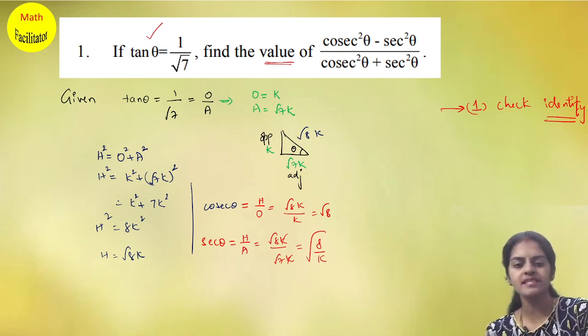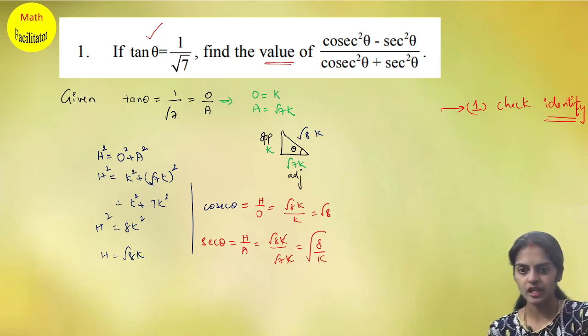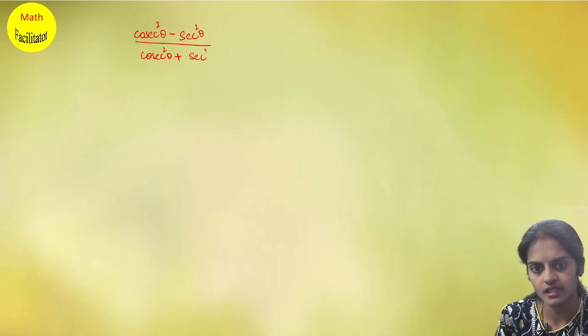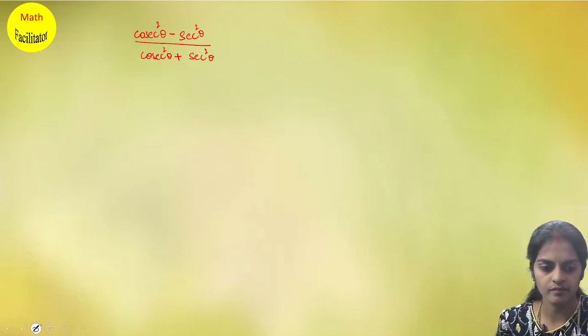Now the next step is simple substitution of the values. How will you substitute the values? The given question is to find the value of cosecant square theta minus secant square theta whole divided by cosecant square theta plus secant square theta.